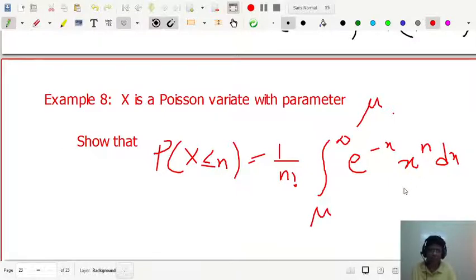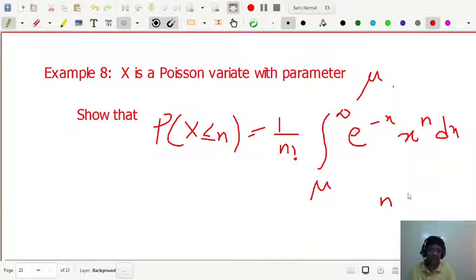You have to prove this, where n belongs to the positive integers.